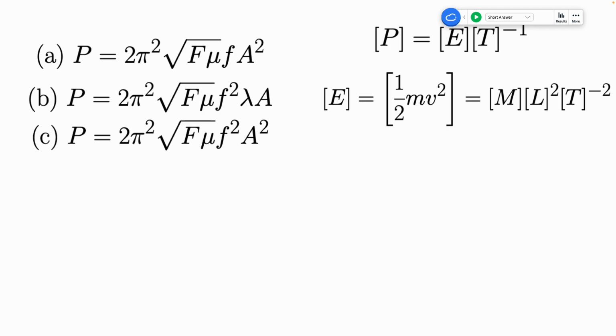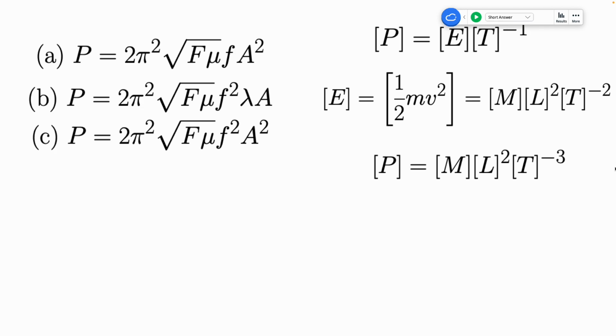So v squared is distance squared over time squared, and the mass over here. That's how you can get the dimension of energy in a really fast way. Now, power should be energy per time, so you just divide energy by another time, and you get the dimension of power. Energy is this, so just give another 1/time to the dimension of energy.